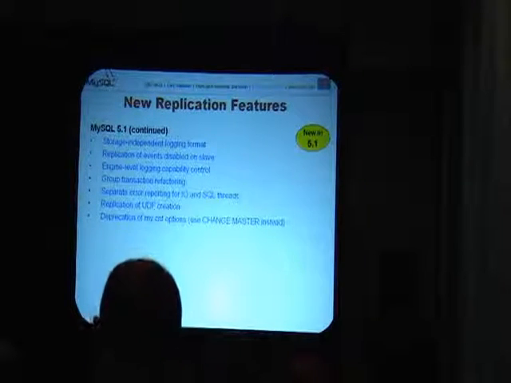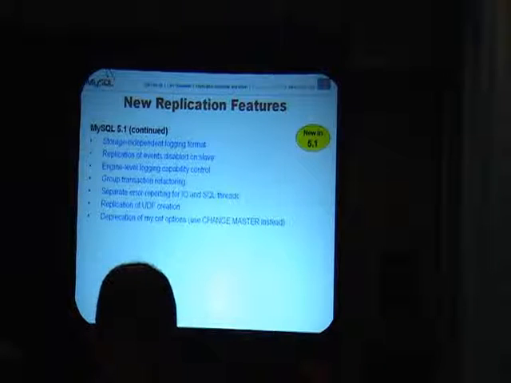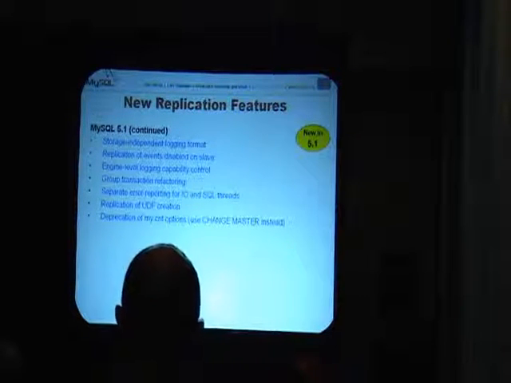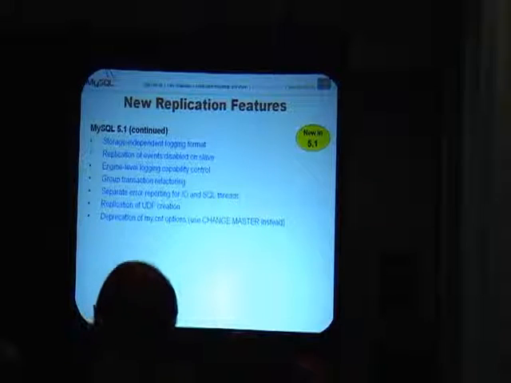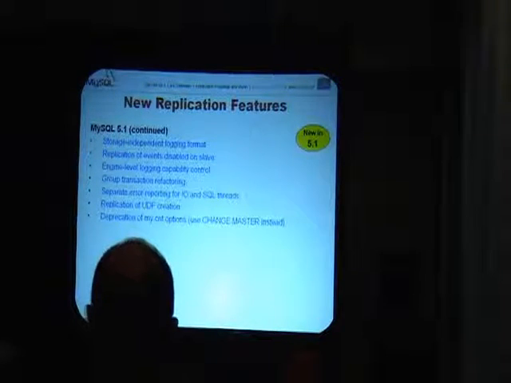So for events, we replicate over the effects, and when we create events, we just replicate them over. So the slave still has the information that there is an event, but it's marked as slave-side disabled. So if the master is failing, then you can enable these events, and then you will get a new master which has both events and everything else that you have. But while the replication is going on, the events will be marked on the slave as disabled.